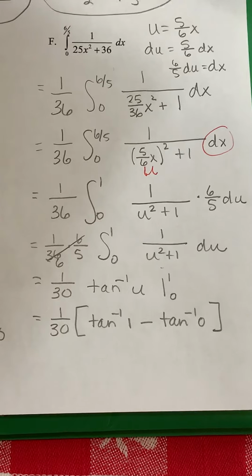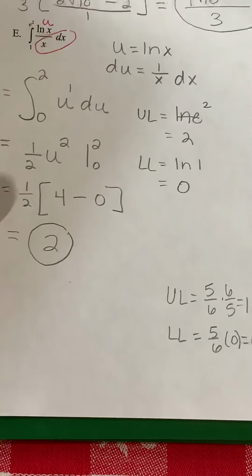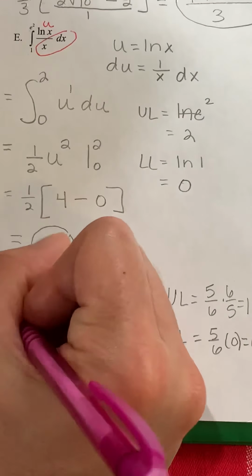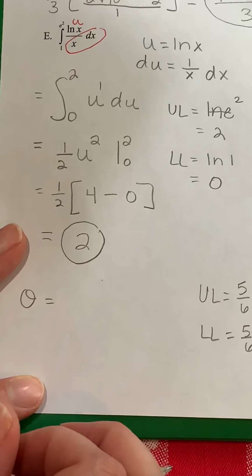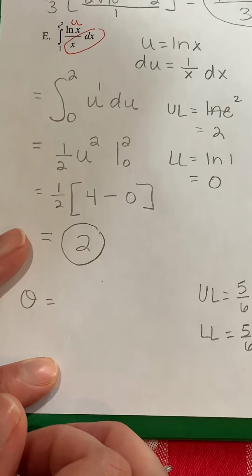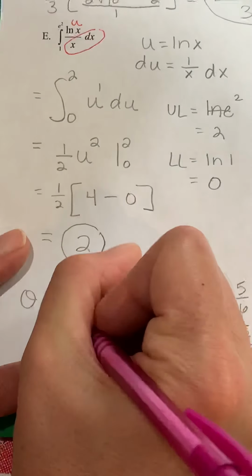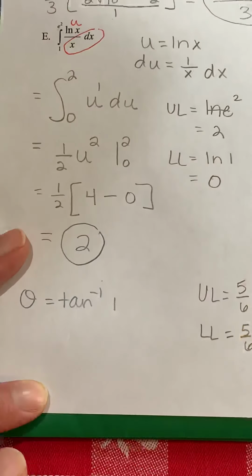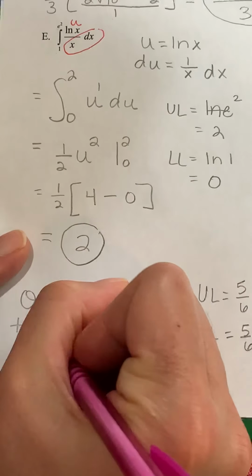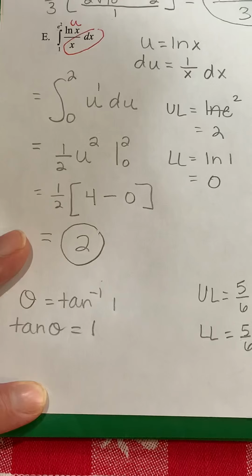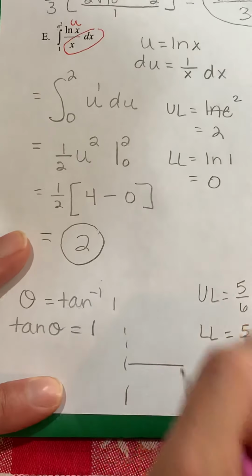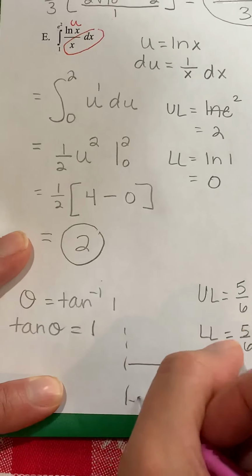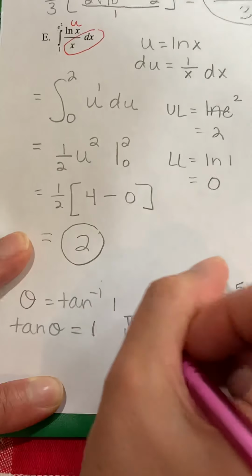I'm going to do the work over here to help you out. Tangent inverse, we know, has to be an angle between negative pi over 2 and pi over 2, not including those two quadrantal values. If I take the tangent of both sides, I get tangent of theta equals 1. I need to ask myself who has an answer of tangent theta equals 1 if I'm looking at quadrants 1 and 4, from negative pi over 2 to pi over 2.